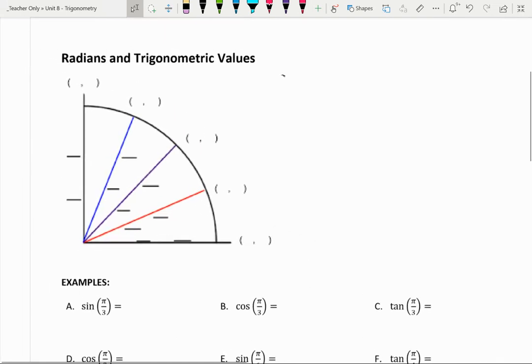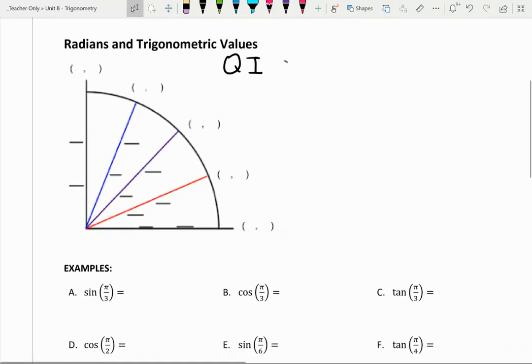So the first thing I have here is the first quadrant of the unit circle, quadrant 1. And so just like before, we might think about, what are the degrees, radians, and x and y coordinates of all these points here.